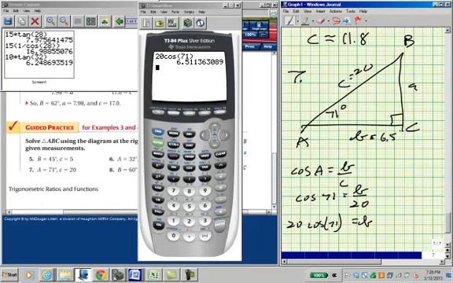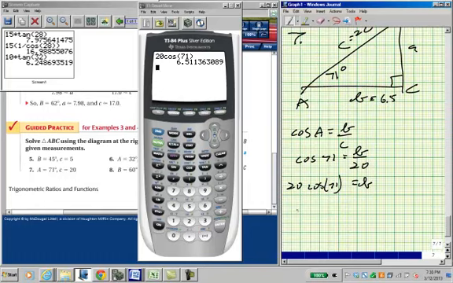Okay, and A is the sine. So the sine of A equals A over C, which equals A over 20. So the sine of 71 equals A over 20.